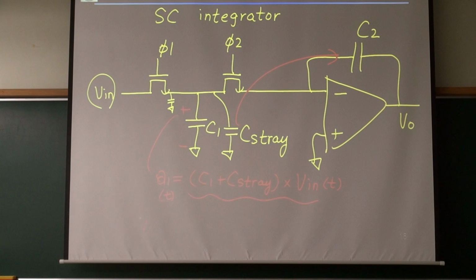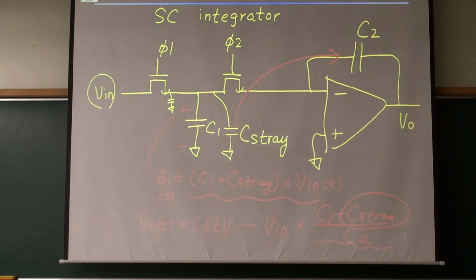So my VOT will be, just added this one. See, in the previous example, my VOT will be my Vin times C1 plus C stray over C2, right? This C stray, you know, we have some unpredictable result because the integrator gain changes by C stray.